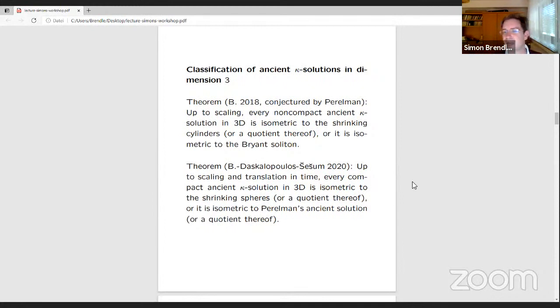And the reason is basically that if you take a sequence of rescalings of a non-compact solution, you always get a non-compact solution. But if you take a sequence of rescalings of a compact solution, you could either get a compact or a non-compact solution. So the compact case can sort of degenerate into the non-compact case.